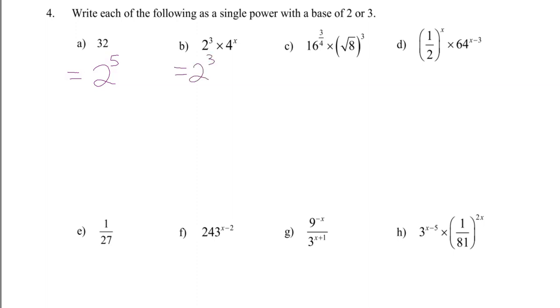What's 4 as the power of 2? 2 to the power of 2. Yeah, 4 is 2 squared. So the 4 gets replaced with 2 squared, and the x stays.